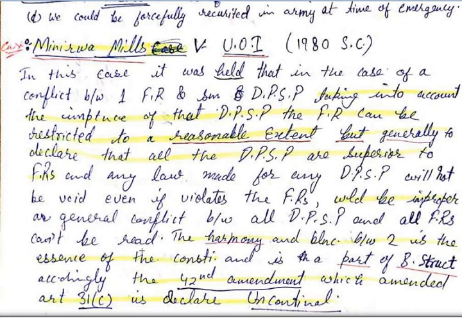मीन्स आप जनरली कन्फ्लिक्ट इन दोनों में नहीं रीड कर सकते. जब कन्फ्लिक्ट का सिचुएशन आएगा तब वहाँ पर आप बैलेंसिंग करोगे, लेकिन जनरली ये कह देना कि कन्फ्लिक्ट होगा ही होगा और मात्र इस वजह से DPSP को ओवरराइडिंग पोजीशन दे देना, that is not possible. The harmony and balance between the two is the essence of the Constitution and is a part of basic structure.